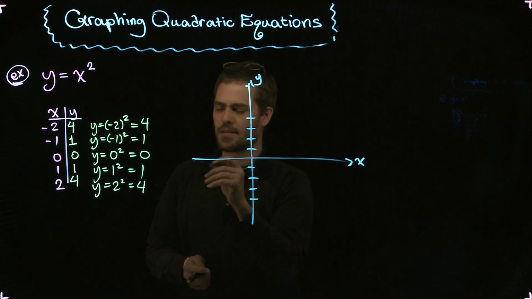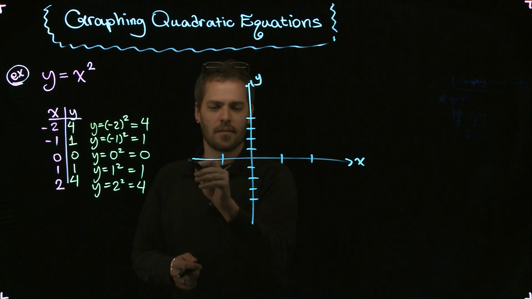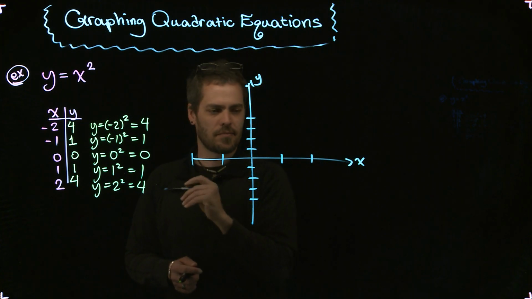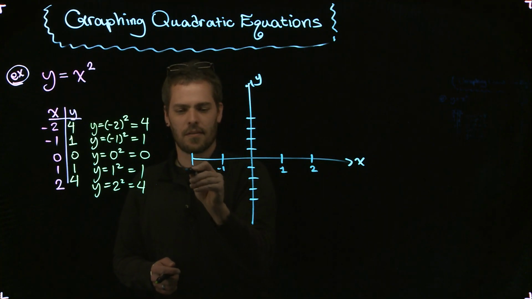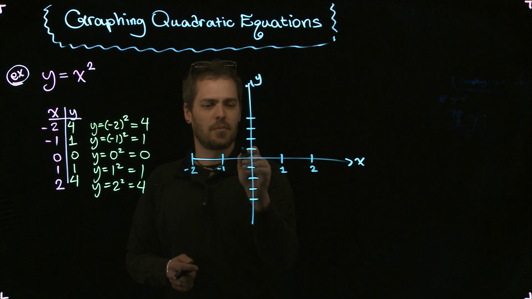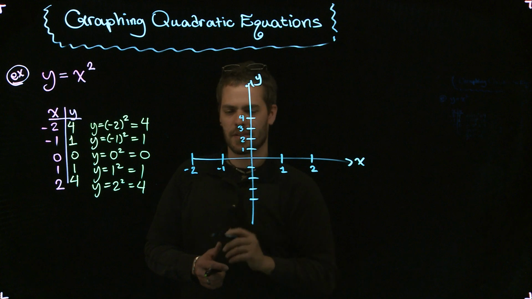The x-axis, let me make these steps a little bit bigger in appearance, although I'm still going by ones. And that's okay. You have a little bit of freedom with your graphs. Okay, and we have the negatives down there for the y.